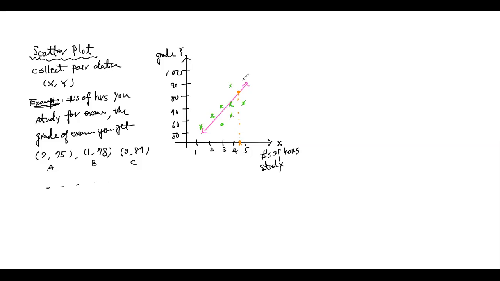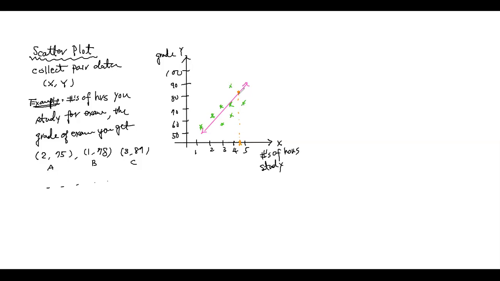If X goes up, Y goes up: as the number of hours you study increases, you expect your grade to increase, so the line fits. Maybe it's not the best fit, but I can still use this line to estimate. If I decide that for the next test I study for 4.5 hours, what will my grade be?